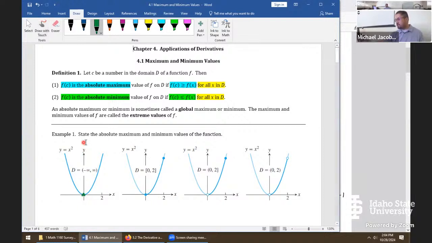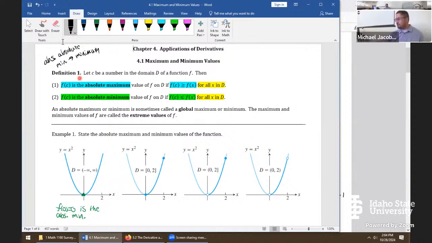So let's say, state the absolute minimum, maximum minimum values. We would say f at 0 equals 0 is the absolute min. I'll write ABS for absolute and min for minimum.